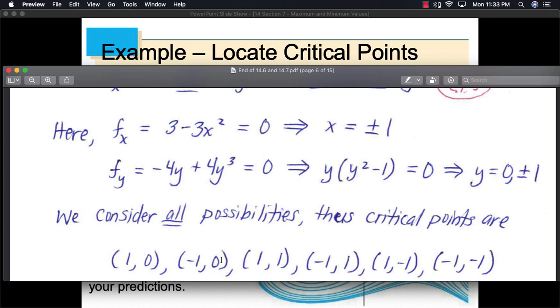If you go back to the picture, and you should have this in your student notes, or at least pull it up on your phone, you'll see that something interesting is happening at every one of these points from the previous slide. So far, this confirms some of my initial thoughts. But these don't tell me whether they are minimums, maximums, or saddle points. For that, I have to actually test them out.